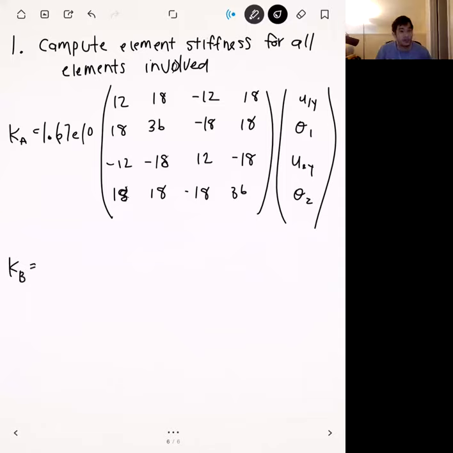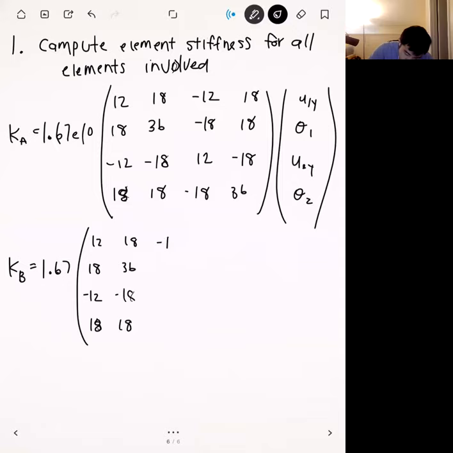Kb. So Kb is going to have the exact same numerical values as Ka, but they're just going to work on different nodes, right? And so let me just kind of repeat everything here, okay? And so you have 1.67 times 12, 18, minus 12, 18, 18, 36, minus 18, 18, minus 12, minus 18, 12, minus 18, 18, 18, minus 18, 36, okay?